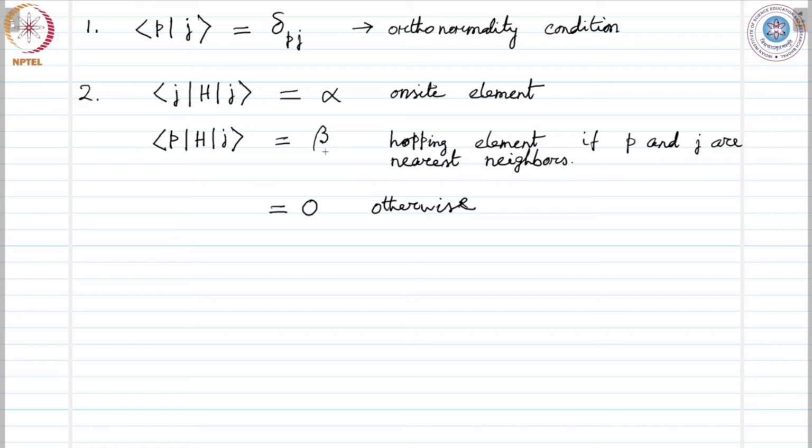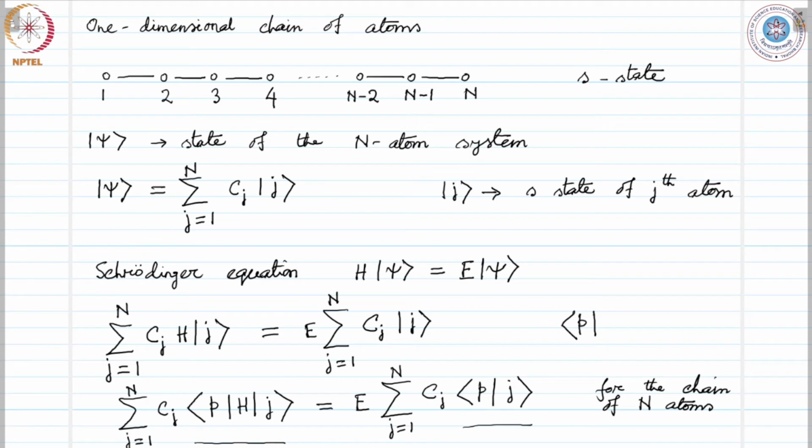Okay. Now, if we consider different values of P, we can find different forms of this secular equation.